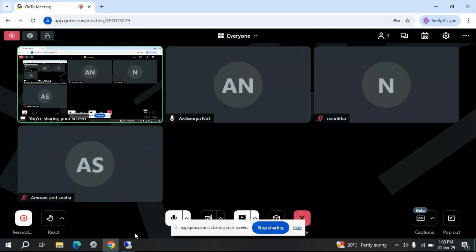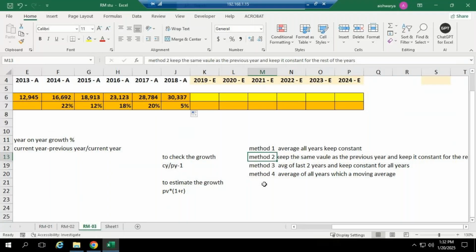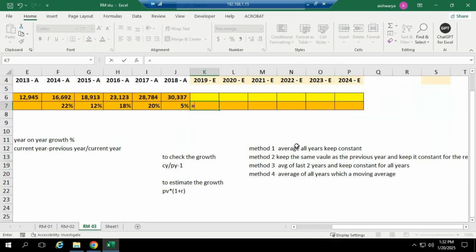Okay, done. So the first method we will just discuss, average of all years, then keep constant. Now the first method is equal to average of all the 5 years, close the bracket, enter.